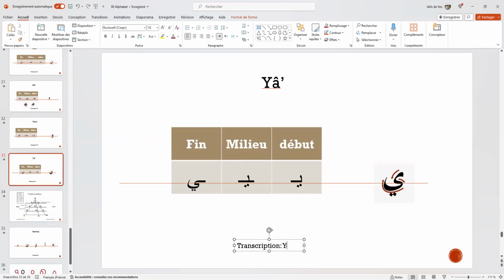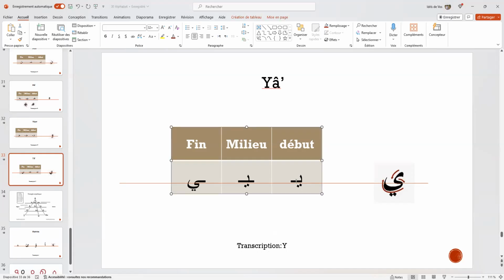If I say a Y to you, you see that the Y has the function of an I. On the other hand, if I say the word yak to you, it is pronounced Y. Well, it's exactly the same in Arabic. The YA can have one function, it can be pronounced I, and we'll see when, and it can be pronounced as a consonant when we put vowels on it.